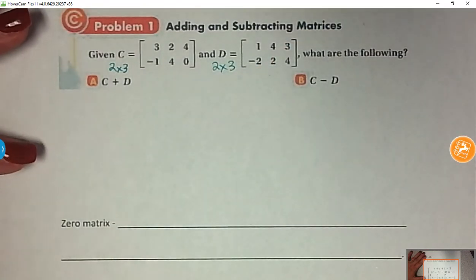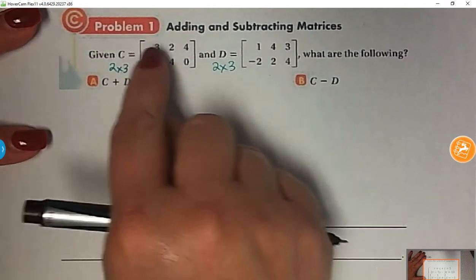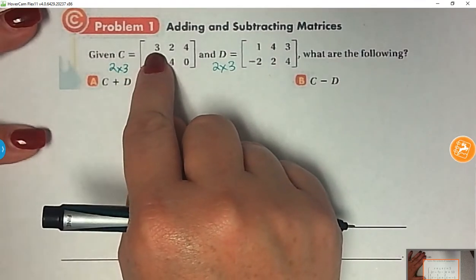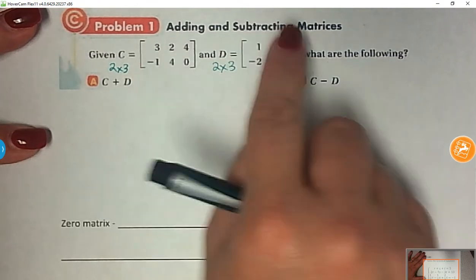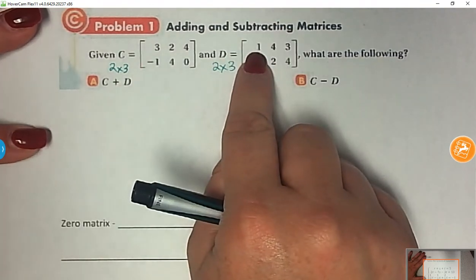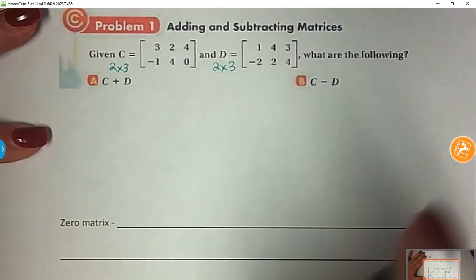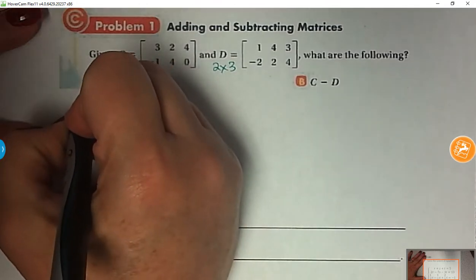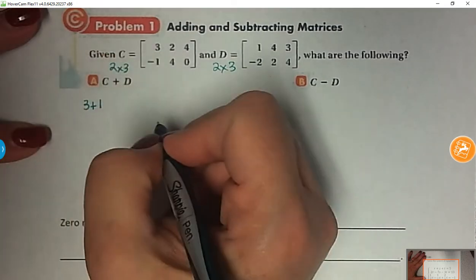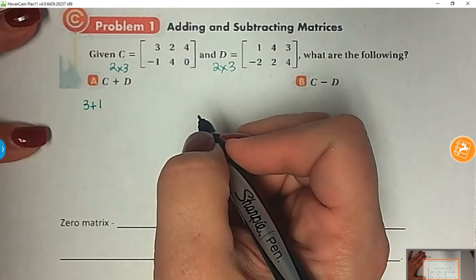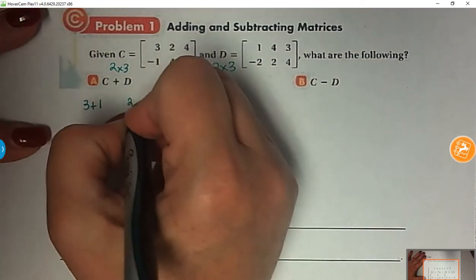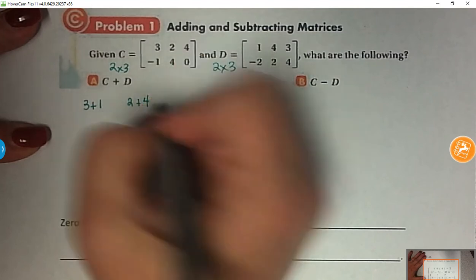What you're going to do to add them is you're going to take 3 that is in the first row, first column, and add that to the 1 that is in the first row, first column of D. So here's what you are doing. You're doing 3 plus 1, and then you're going to slide over on row 1, go to column 2, and you will do 2 plus 4.